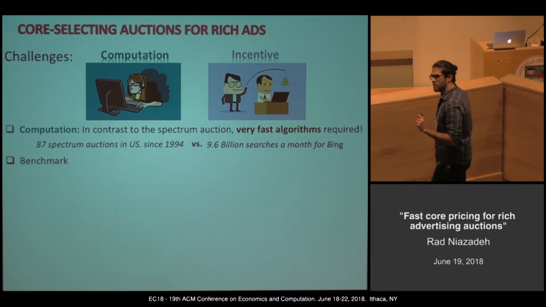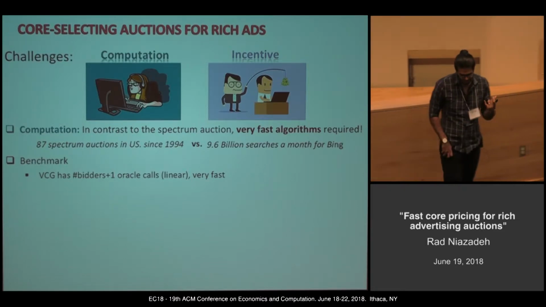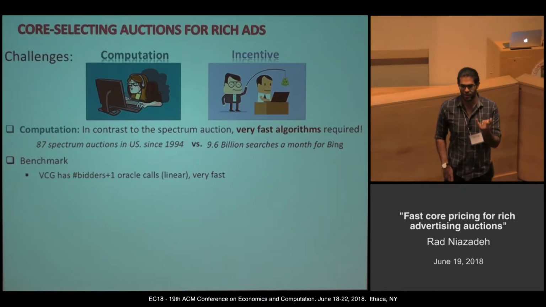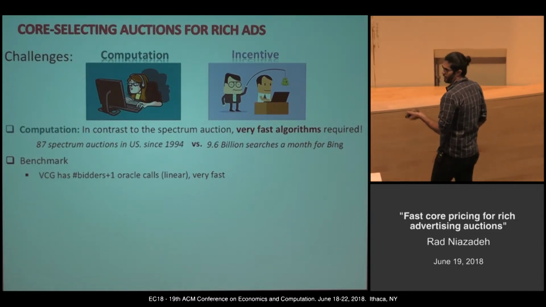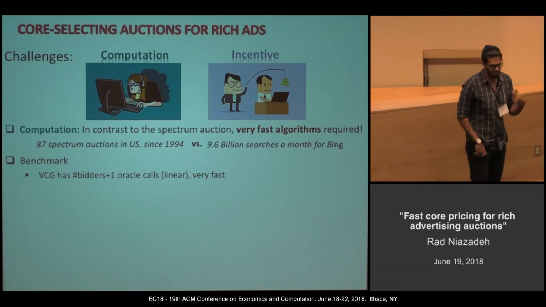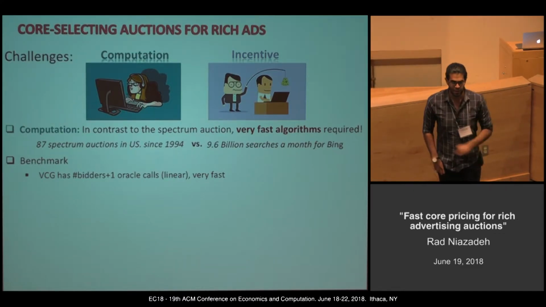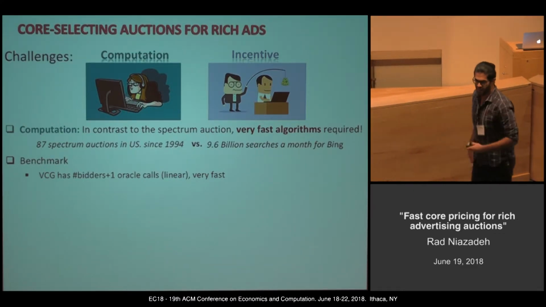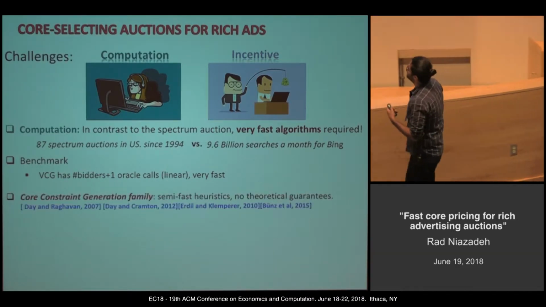What is a benchmark? We try to compete with VCG. VCG has access to an oracle that can find the maximum welfare allocation, and in order to compute the allocation and payments it makes number of bidders plus 1 calls to the allocation oracle. That's really my benchmark, and I hope I can achieve this amount of computational tractability.